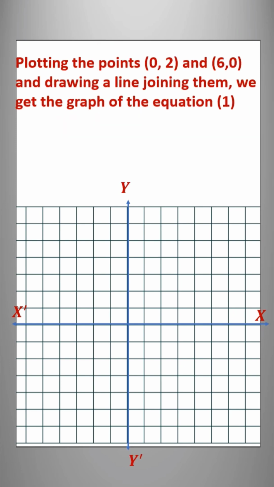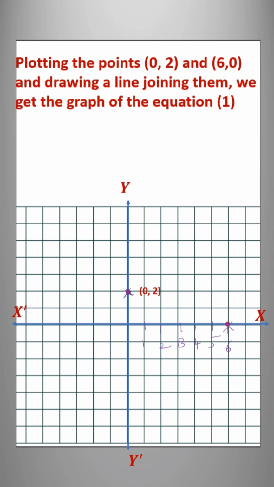The points (0, 2), (6, 0). Where is it? x is equal to 0, y is equal to 2, this point. This is 1, this is 2, this is 3, this is 4, this is 5, this is 6 on the x-axis, and y-axis 0. This is the point.